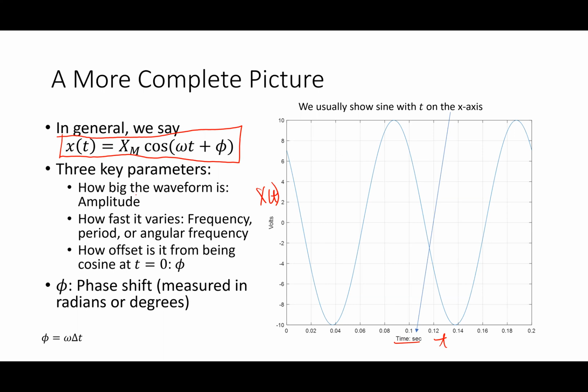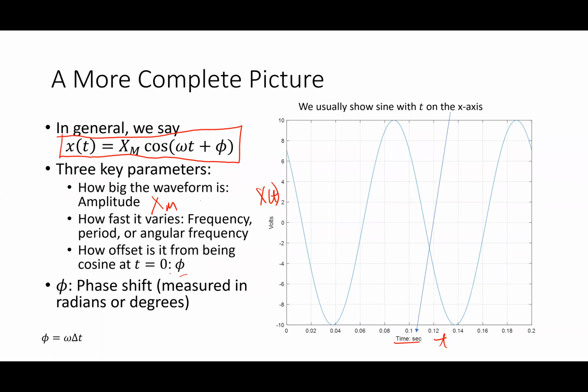I need to know the amplitude, that's Xm. I need to know how fast it varies, so the frequency f, the period T, or the angular frequency omega. And then there's the phase shift phi, which tells us how offset the waveform is from being a cosine at t equal to 0.